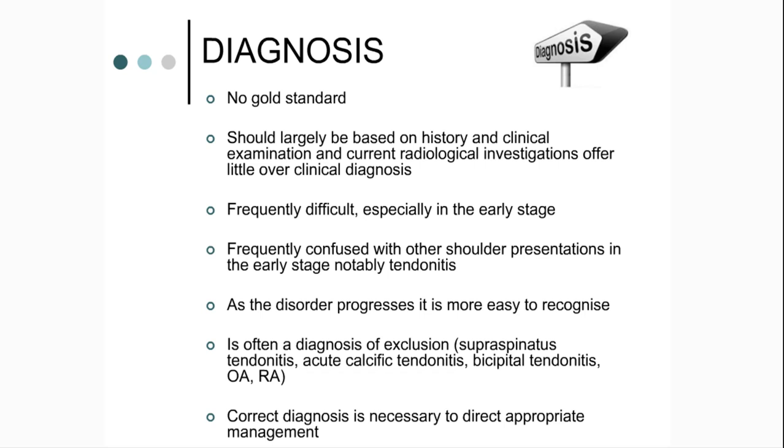It's a diagnosis where we need to rule out supraspinatus tendinitis. We need to rule out osteoarthritis in particular, and calcific tendinitis. I don't think we can rule out bicipital tendinitis because it goes hand in hand with quite a lot of shoulder disorders. I certainly know that the patients I see in my clinical practice, I'm frequently not seeing them early enough, and they have frequently been elsewhere and been diagnosed with a tendon issue, have had management for that, and have just become progressively worse.